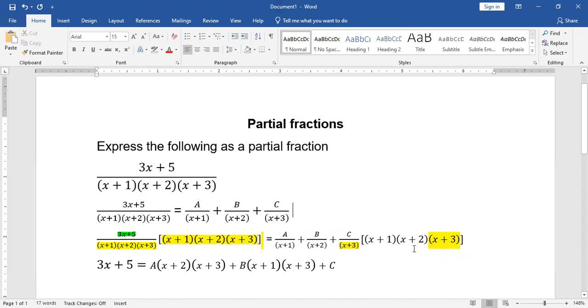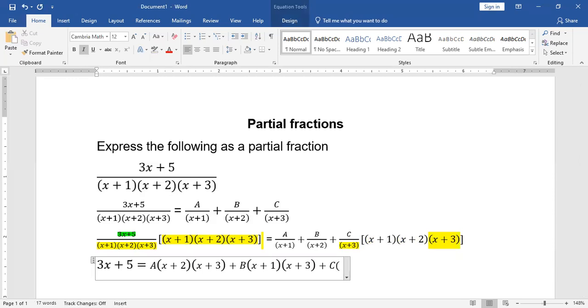So I'll only remain with x plus 1 multiplied by x plus 2. I have open brackets x plus 1 close brackets, open brackets x plus 2 close brackets.